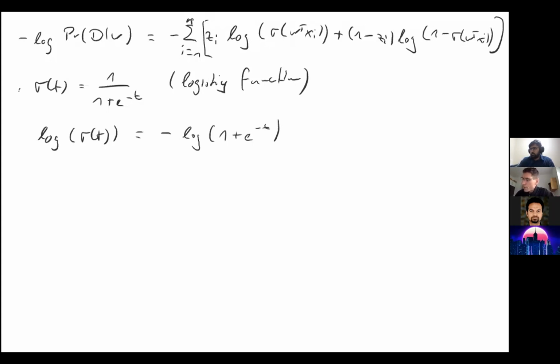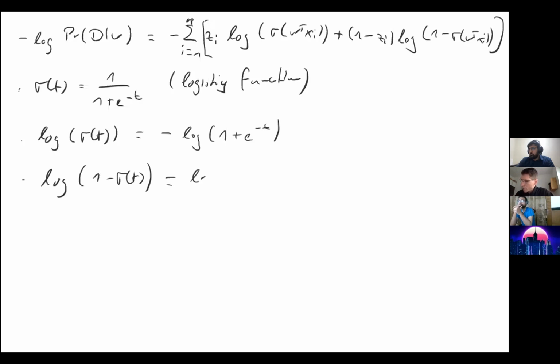And you also have this property that the logarithm of 1 minus sigma of t, which is actually the probability of 0, of not death, here in the middle.